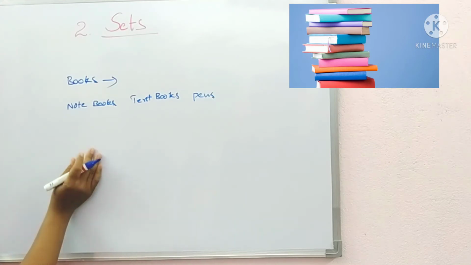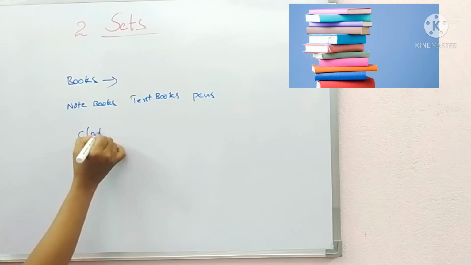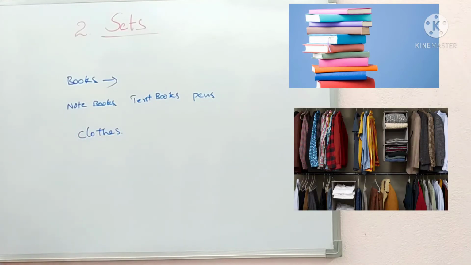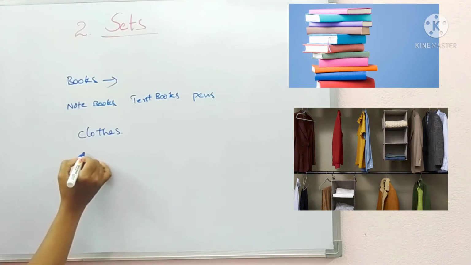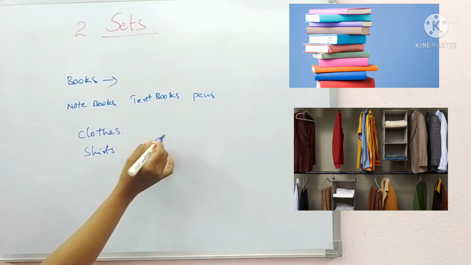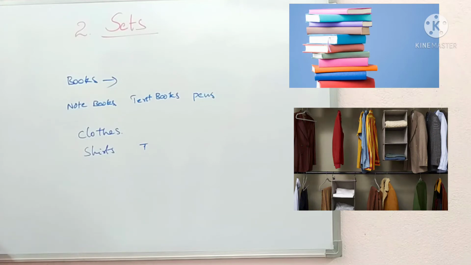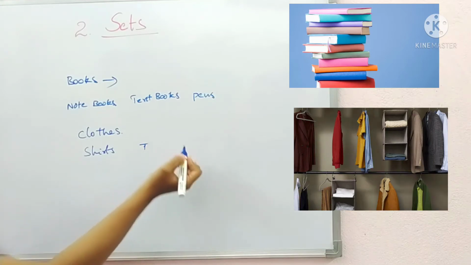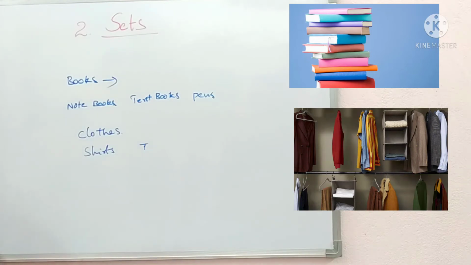And in your home also, when you are arranging your clothes, how will you arrange them? Shirts are in one particular place, and all trousers are at another particular place. If girls are there, their scarves and dupattas are at one particular place, without any confusion.